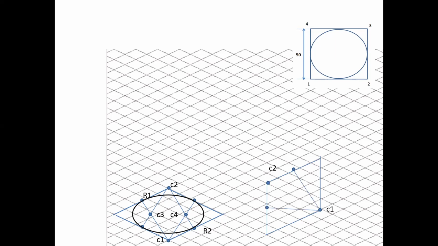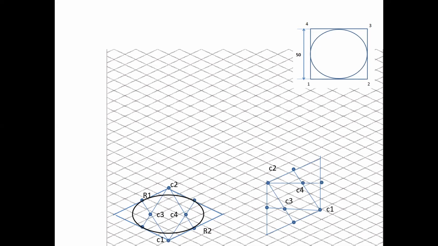Next, the other two side opposite centers. So mark the center points and join with a line. Next, you need to mark the intersection of the two lines and name it as C3 and C4. So I got four centers here, C1, C2, C3 and C4.